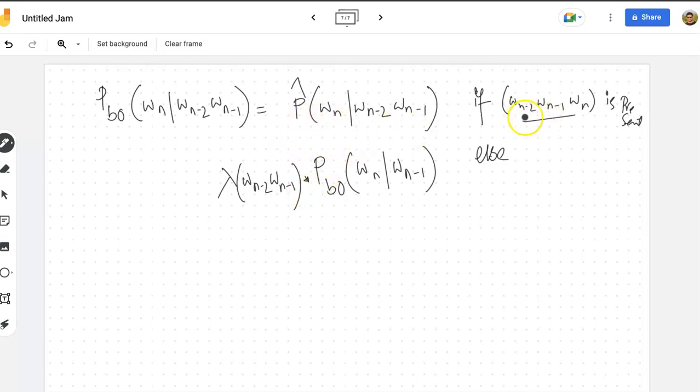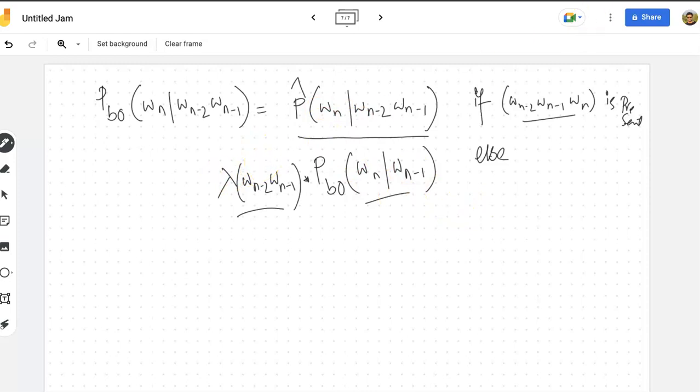If this trigram is present, then we go with the simple trigram probability but with a discounting factor. If this trigram is not present, then we go for the bigram with a lambda. Similarly, if we don't find the bigram, then we need to go to the next level, the back-off of unigram. That is the back-off smoothing.